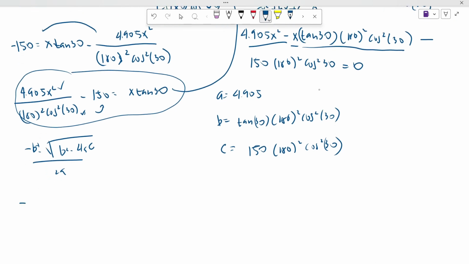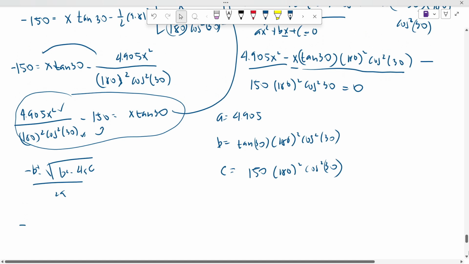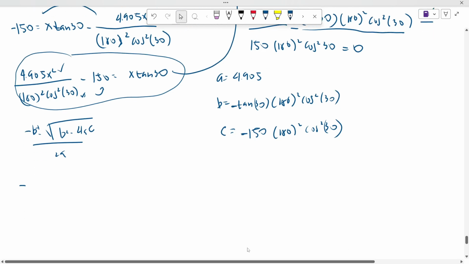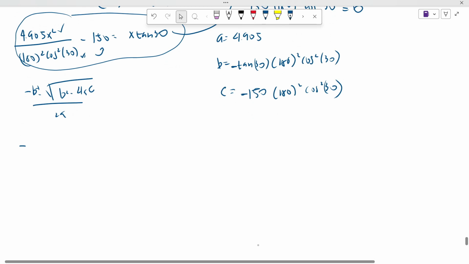What is the value of, ops, may muntikan tayo makalimutan. This will be a negative. And this will also be negative, guys. Ito yung sign nila, negative. Huwag kakalimutan yan. So, negative.